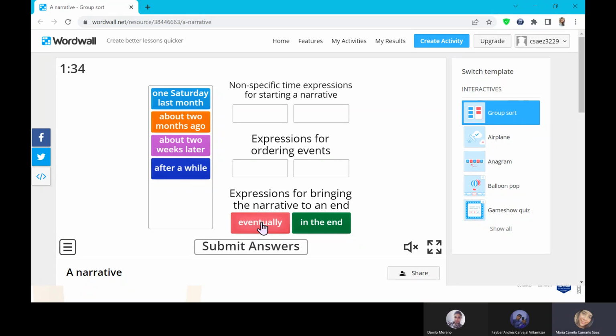So this part is like to end the story, like a summary of every action in the story, and like an end. Okay, so this is the correct group. But what about the others?